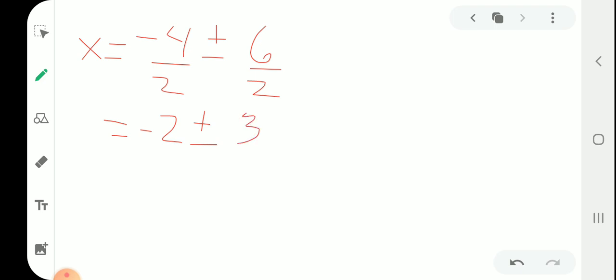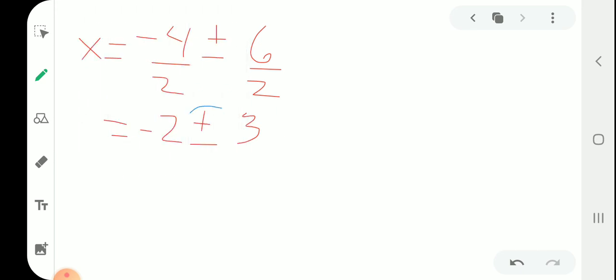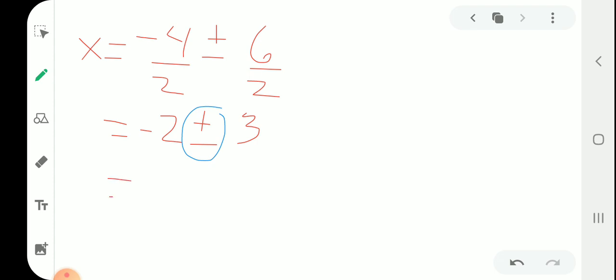So let's perform the operation for the plus and minus sign. Because we have two real roots, we have x equal to negative 2 plus 3. What is negative 2 plus 3? That is equal to 1. And for the other, we have negative 2 minus 3, that would be equal to negative 5.